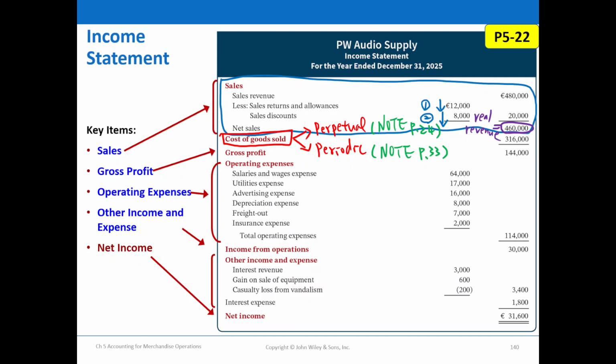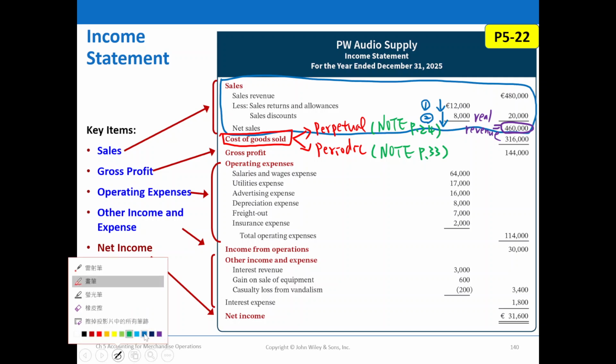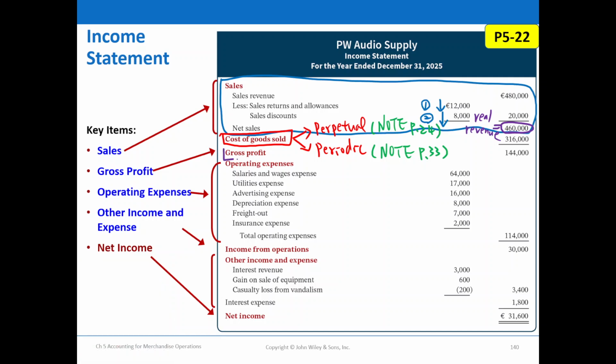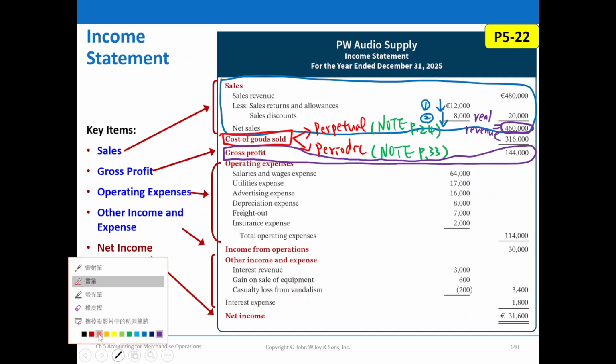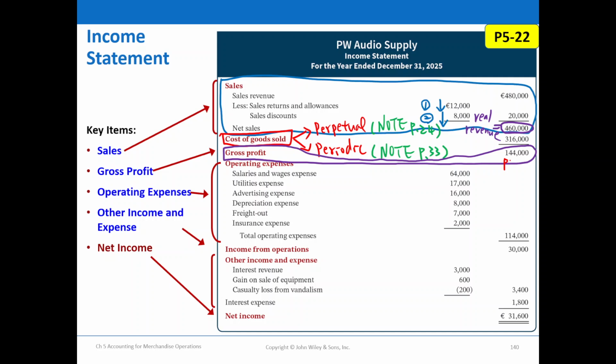So revenue minus cost of goods sold, we get gross profit, right? So what's the gross profit? The profit from your inventory. So this is your profit from inventory.